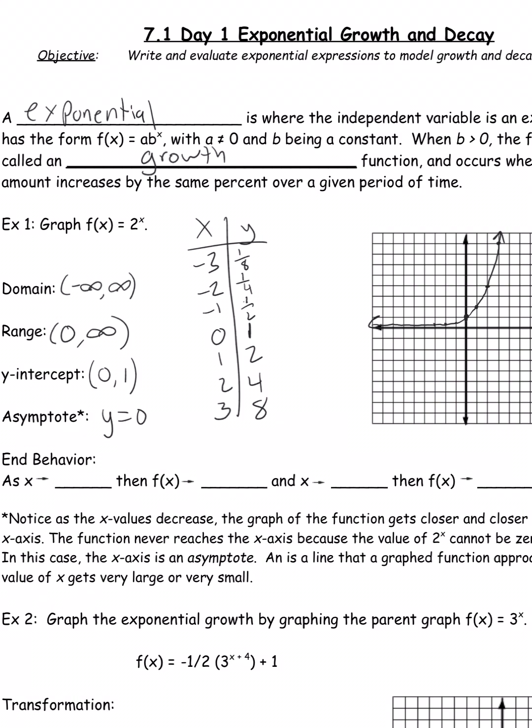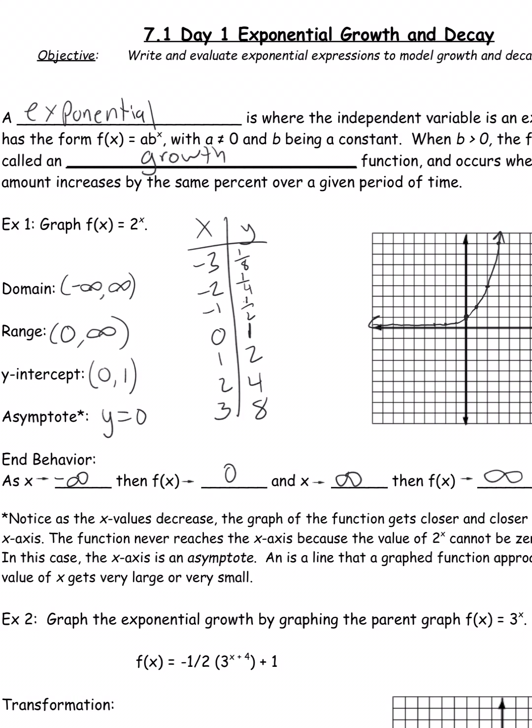Now, in end behavior, as x goes to the left towards negative infinity, f of x is getting closer and closer to 0. As x goes to the right towards positive infinity, f of x is getting closer and closer to infinity. So, again, as those x values decrease, the graph of the function is getting closer and closer to the x-axis.